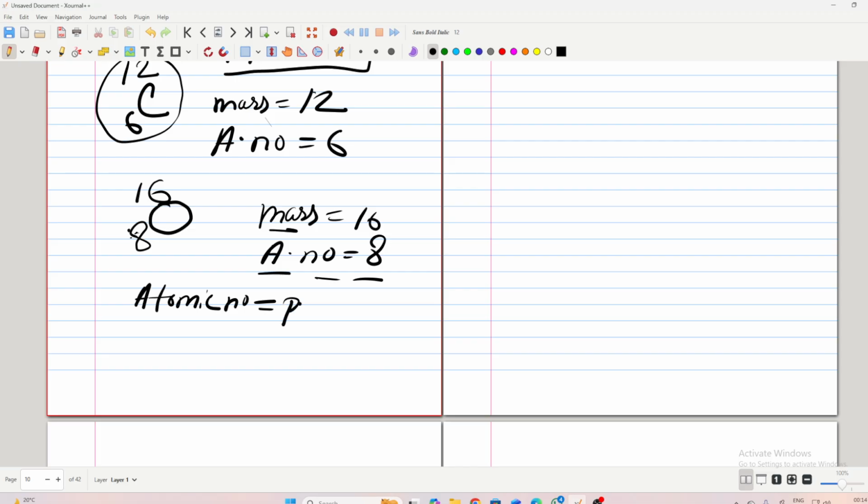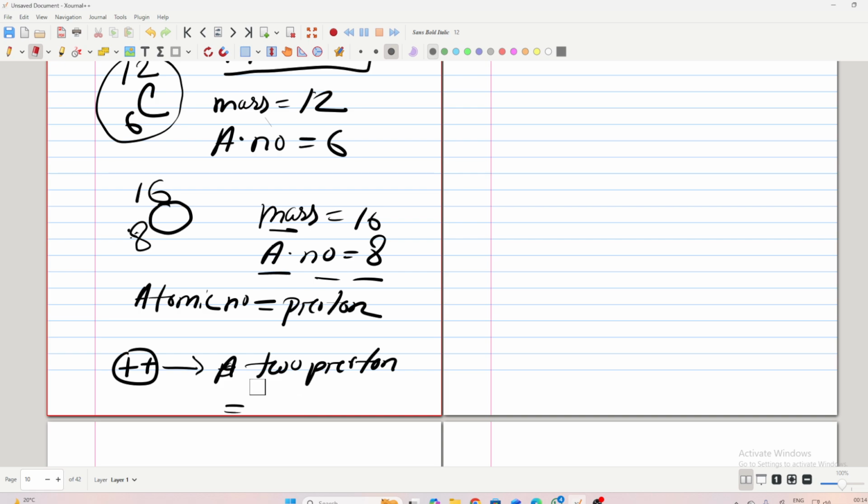Atomic number equals proton number. If an atom has 2 protons, that means it has atomic number 2.